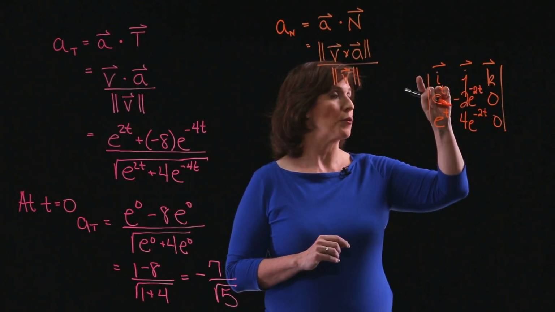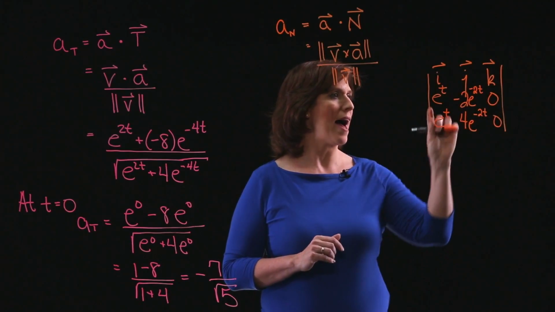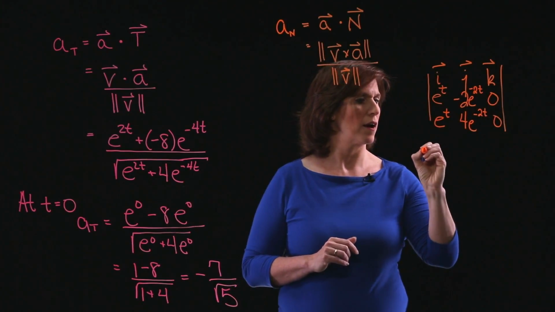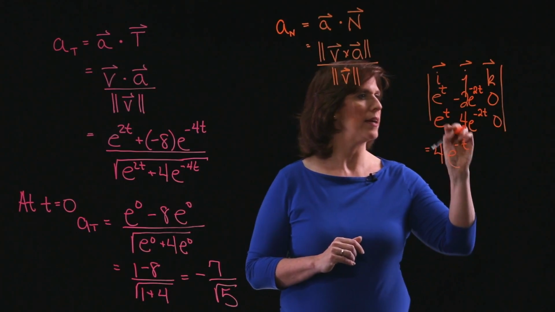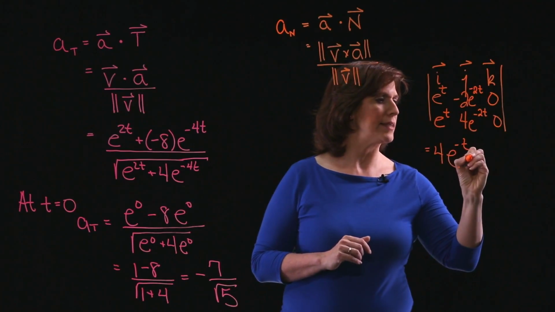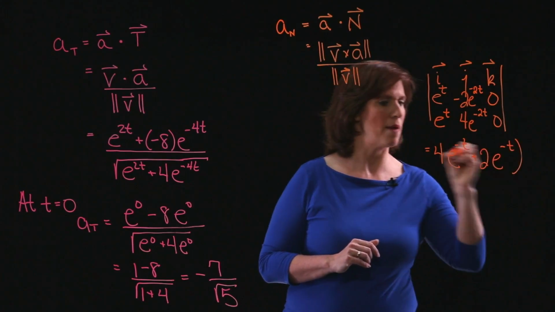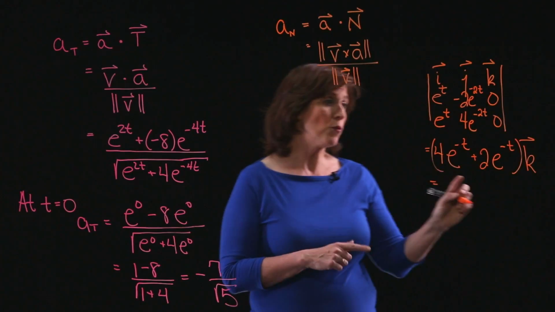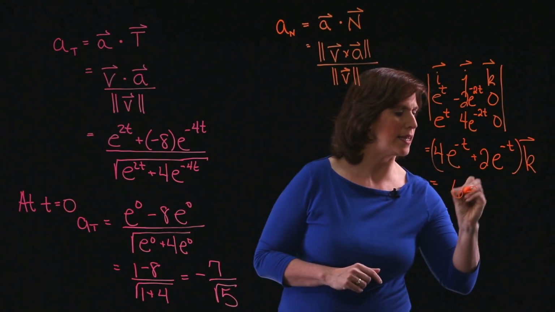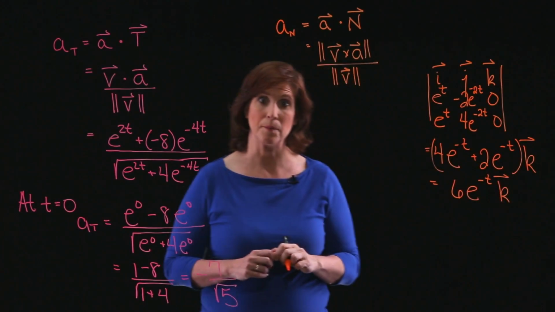For k, I'm going to eliminate row k and column k, and I'll have 4e to the minus t minus a negative 2e to the minus t. And remember, that's all times my vector k. And that will reduce to 6e to the minus t times my vector k.